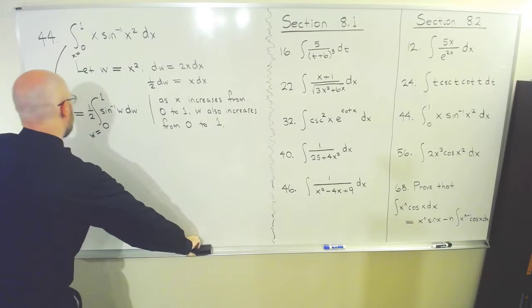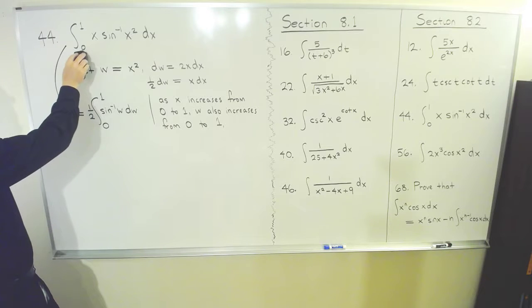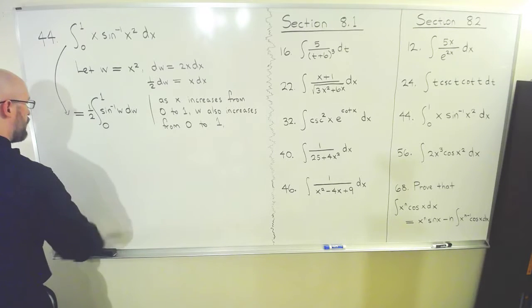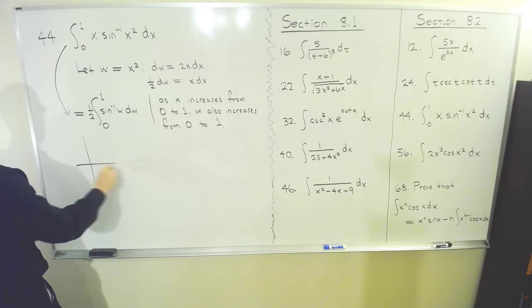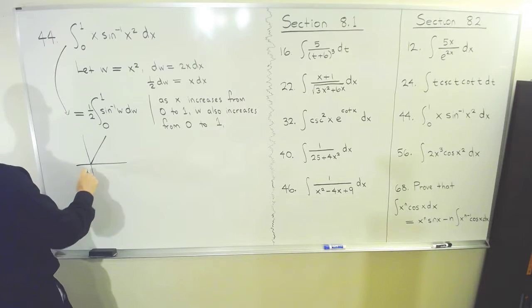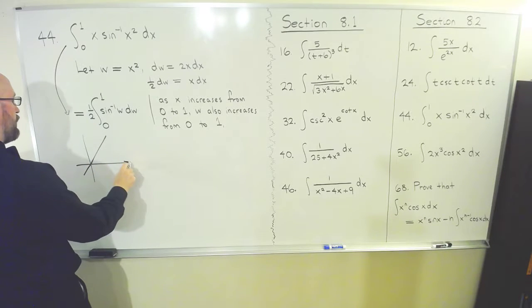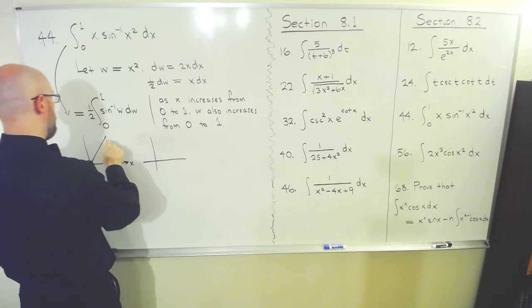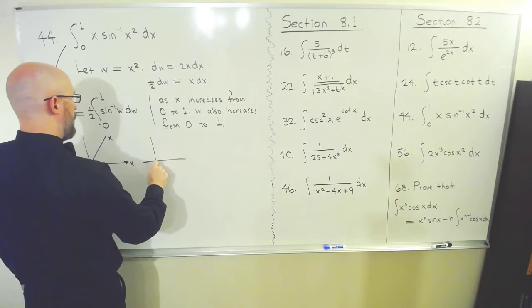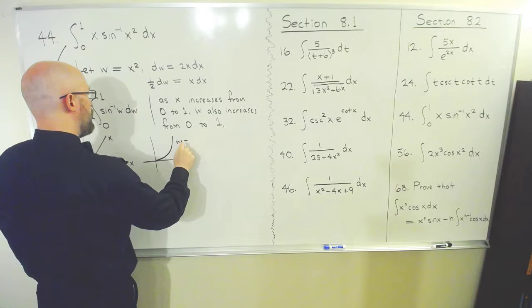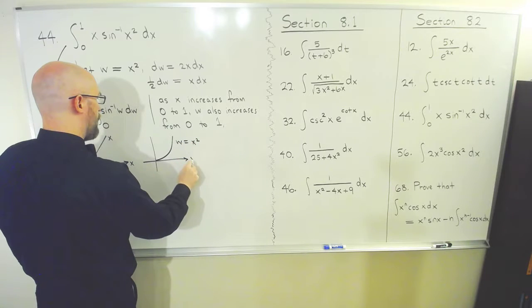And the fact that w goes from 0 to 1 as x goes from 0 to 1 is purely a coincidence in this context. If you graph x, it looks like this, this is just x itself. And then if I have w, this is w equals x squared, if this is the x-axis.